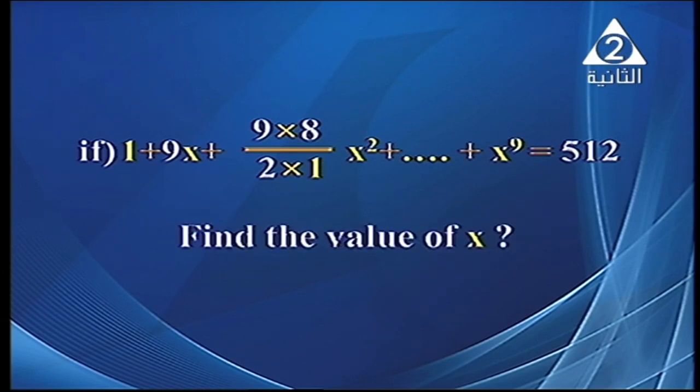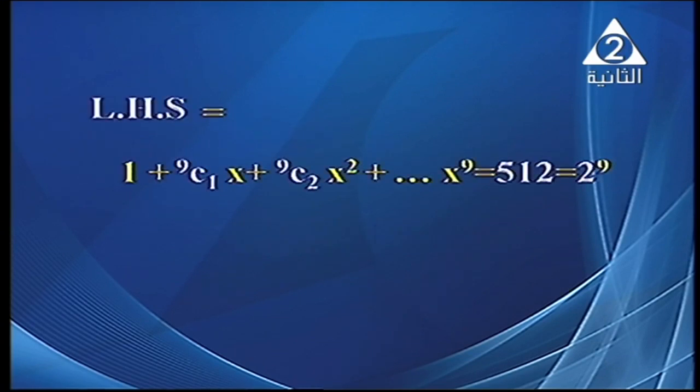My dear student, look at this expansion of (1 + x)^9. If (1 + x)^9 equals 512, we search for what number to the power 9 equals 512. Look at the solution.